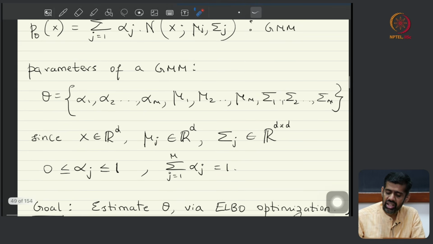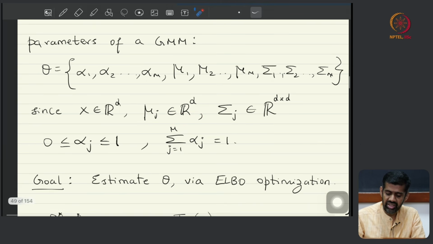Now what are the parameters of this model? We have M number of alphas, each corresponding to one throw of the die, as it is an M-phase die. We have M mean vectors and M variance matrices. Since X is in R^d, mu j, which are the mean vectors, are also in R^d, and sigma are d by d matrices.